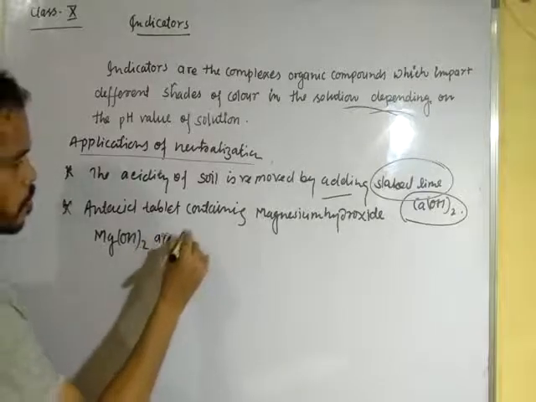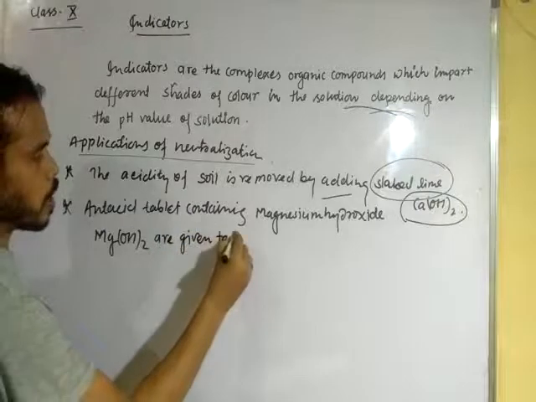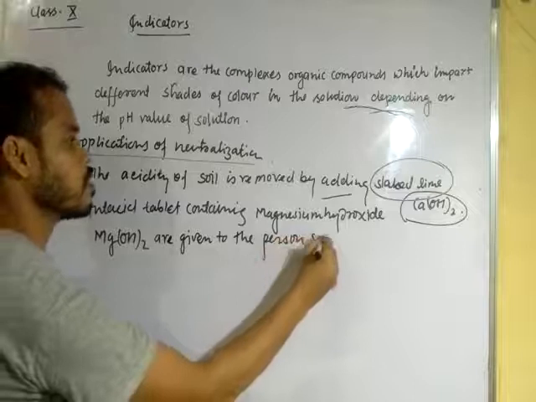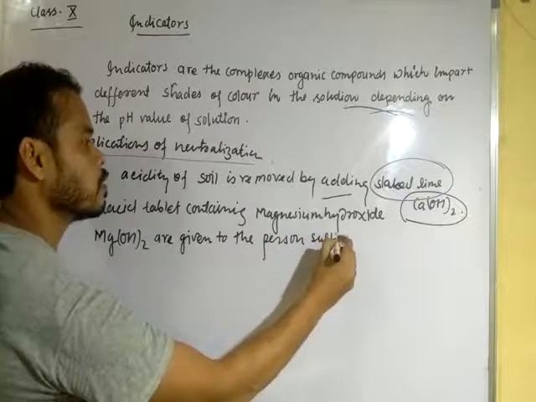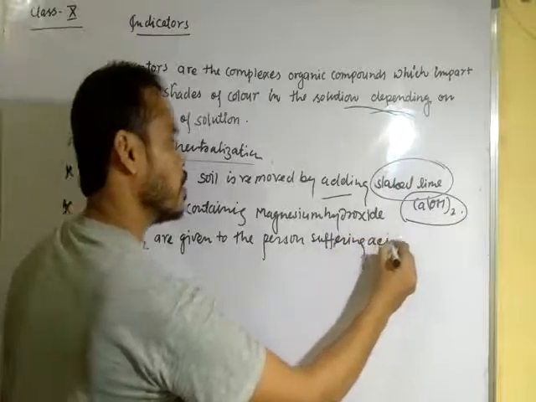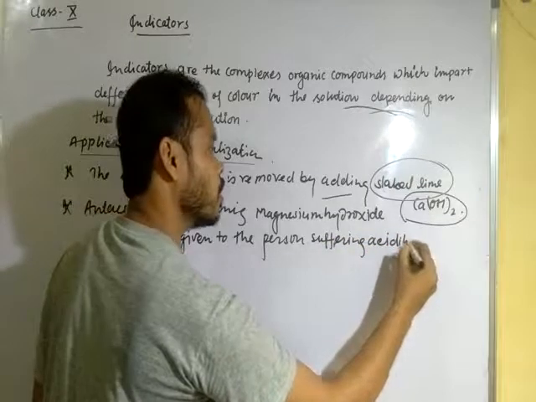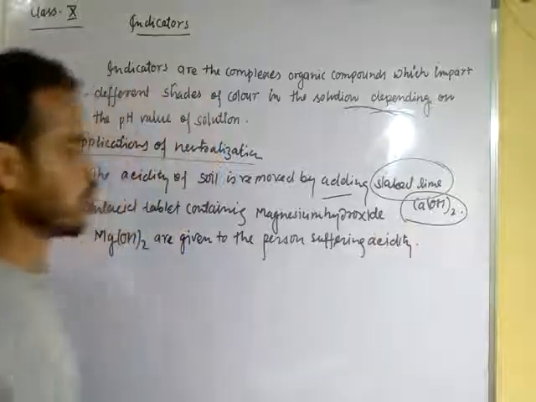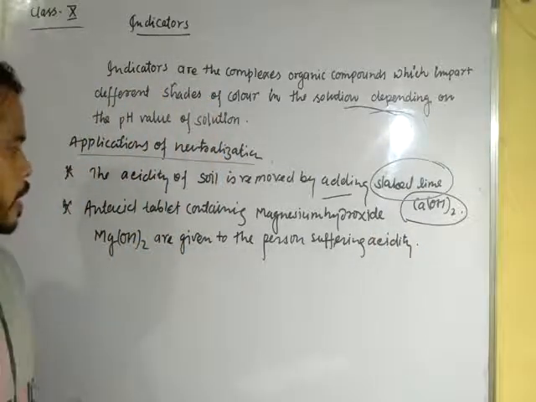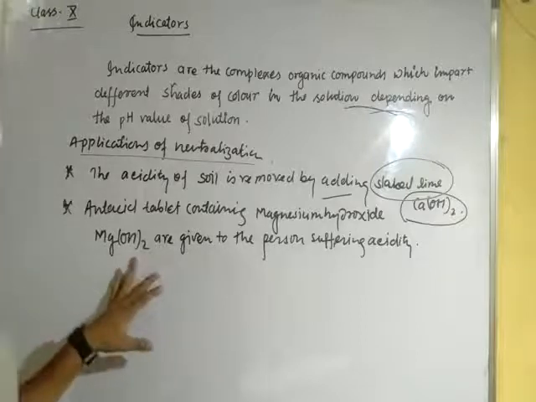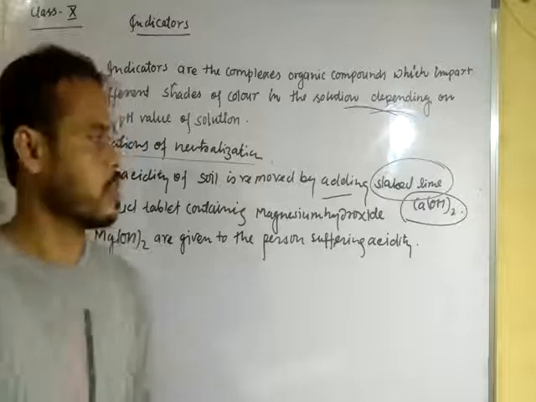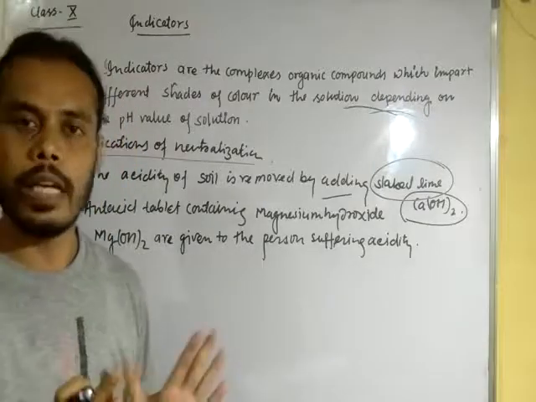The formula of magnesium hydroxide is Mg(OH)2. That means a person suffering from acidity should take magnesium hydroxide, also known as milk of magnesia.